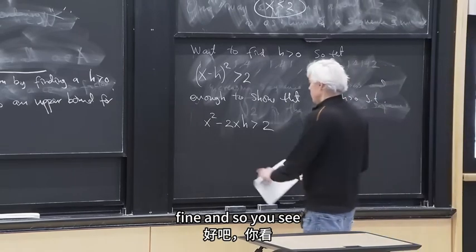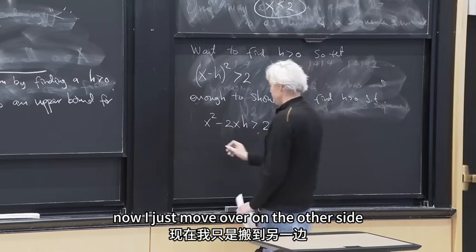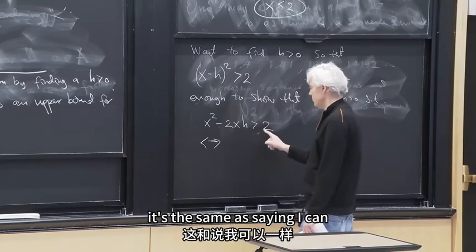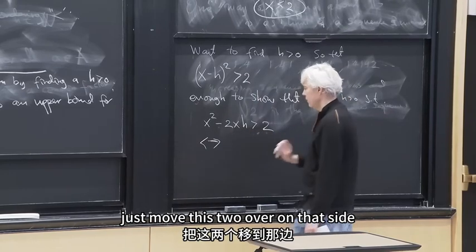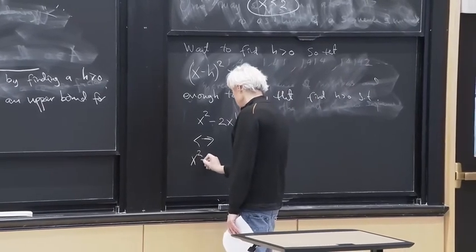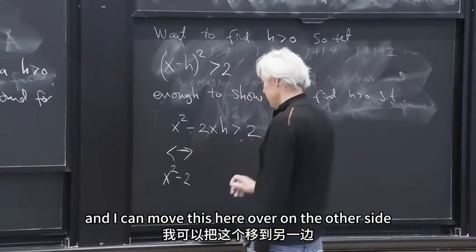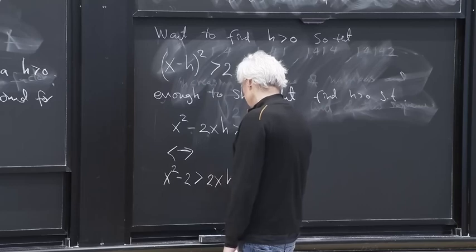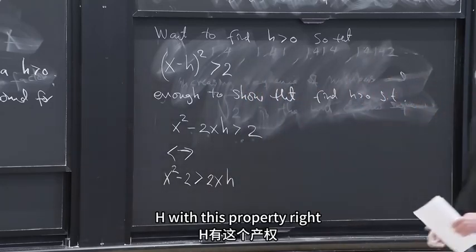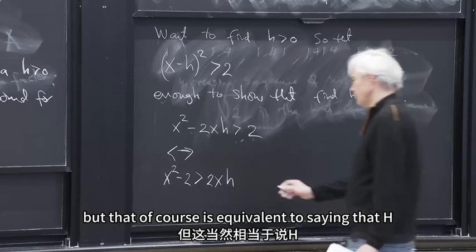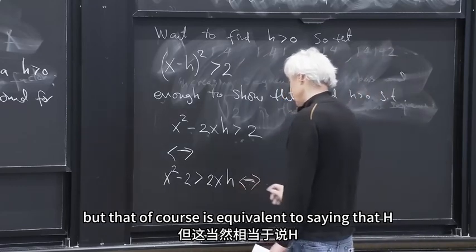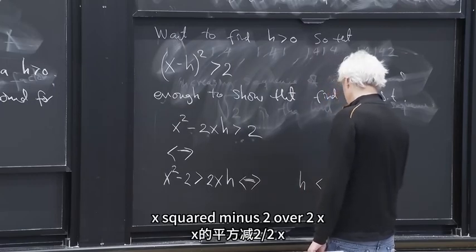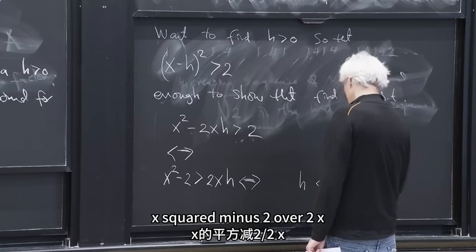Right? And so you see, now I just move the 2 over to the other side, and I can move this here over to the other side. So I just need to find h with this property, right? But that, of course, is equivalent to saying that h has to be less than (x squared minus 2) over 2x.